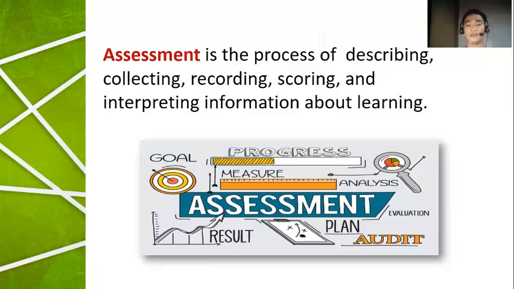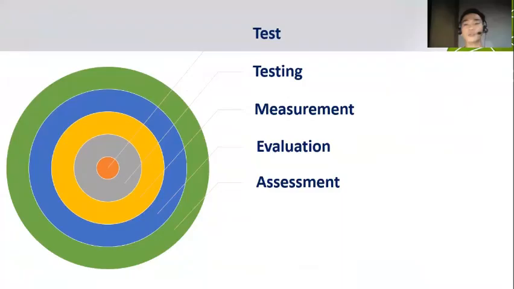If we look at the interrelationship of these terms, test is the smallest, followed by testing, next is measurement, evaluation, and then the biggest or broadest one is assessment. Meaning to say, testing, measurement, and evaluation are under the umbrella of the term assessment.